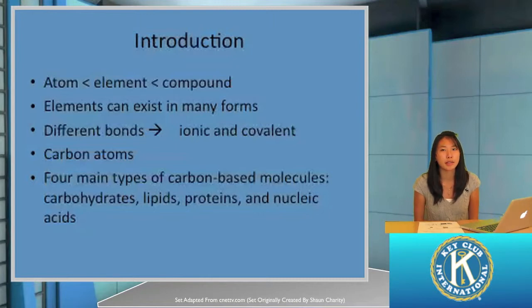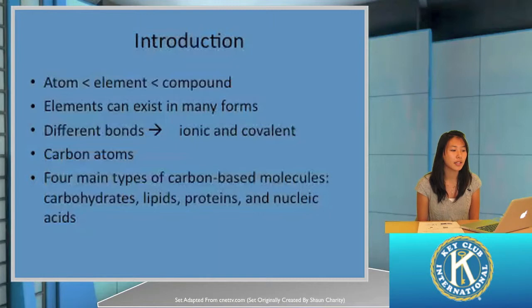An element is a substance that cannot be broken down. For example, sodium exists as sodium. It can't be broken down even further. An atom is something that's smaller than the element, which exists as the electrons, nucleus, protons, etc.